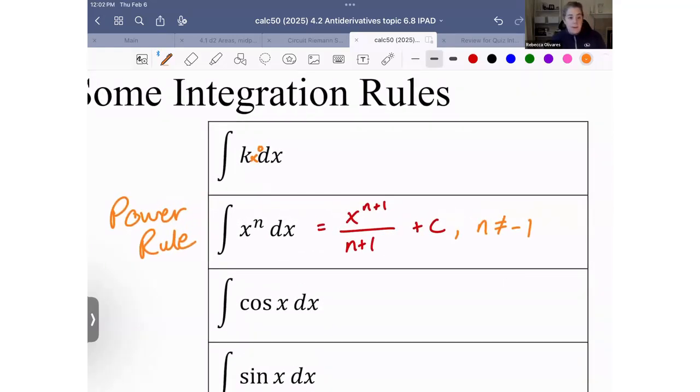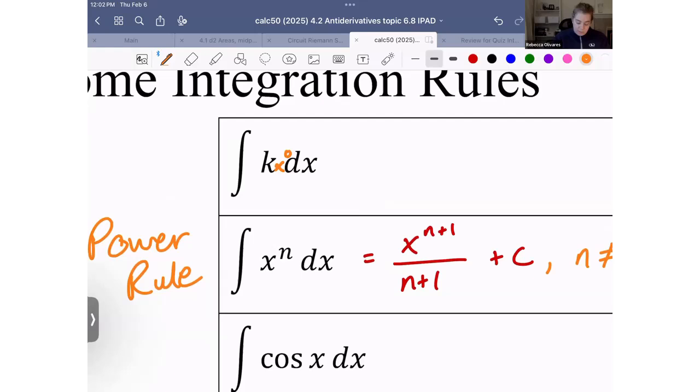So you see, it's like the opposite of the power rule for differentiation. So if you think about this one, you have k times x to the 0. So add 1 to the exponent, which is going to be 1, and then divide by the new exponent, which is going to be 1. So that's just going to give you kx plus c.